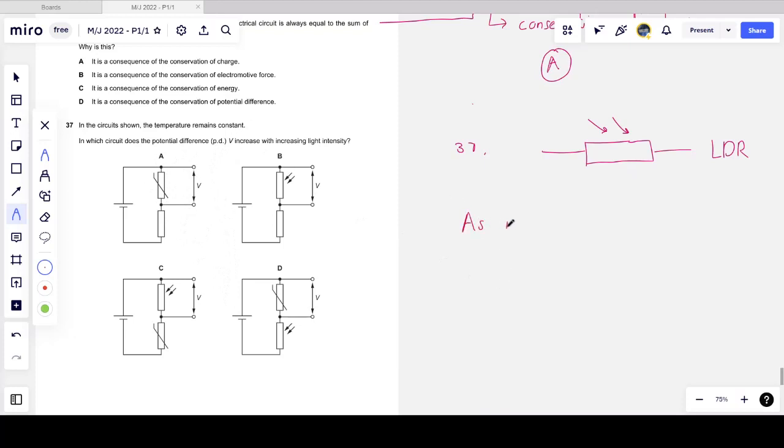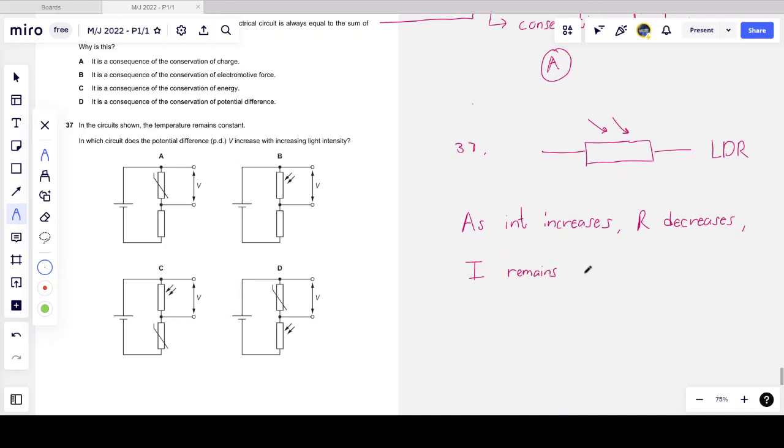Now, the one thing we know is that as intensity increases, the resistance decreases for an LDR, or light-dependent resistor, and the current remains the same.